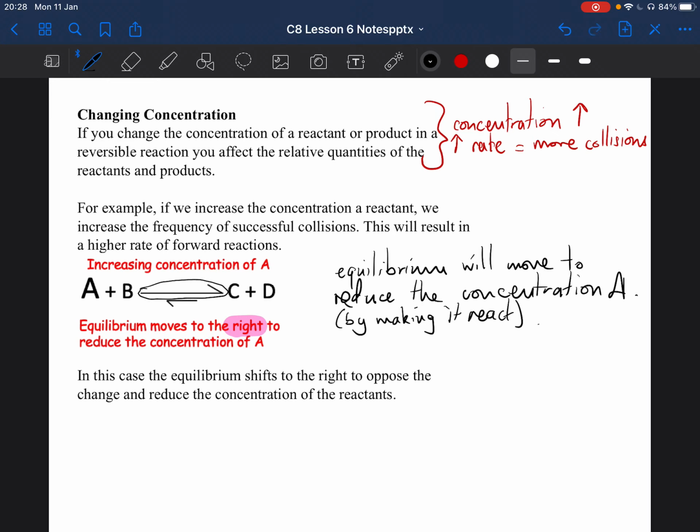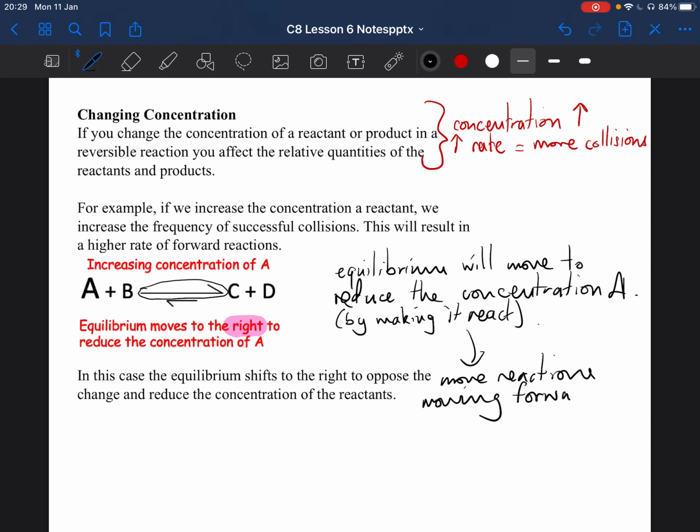So that's showing you that actually there are more forwards reactions happening than there are backwards reactions happening. And what will eventually happen is it will continue to do that until A starts to reduce, and then it will shift back to equilibrium where we will have, say, for example, one forwards and one backwards happening at the same time. So what we get is we get more reactions moving forwards.